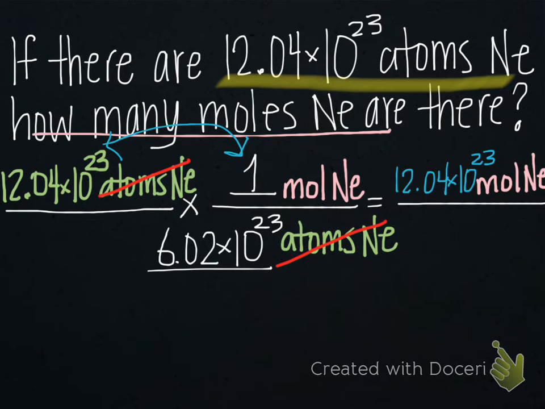Make sure you divide by what's on the bottom, 6.02 times 10 to the 23rd. Okay, so we're not done here. What I'm going to do is copy this right here and go to a fresh page so we can work on the math.